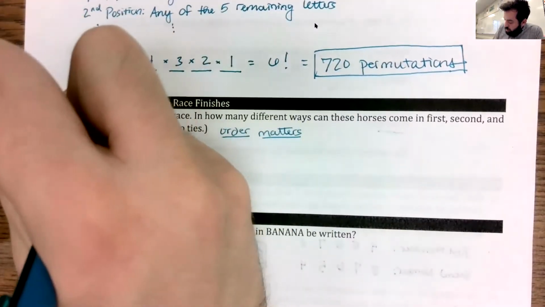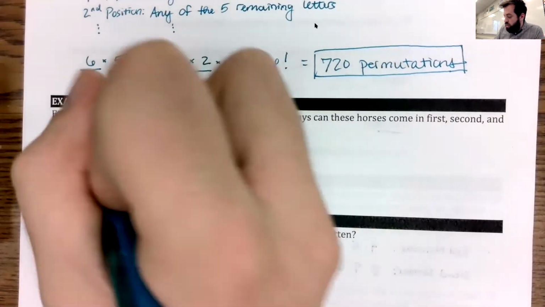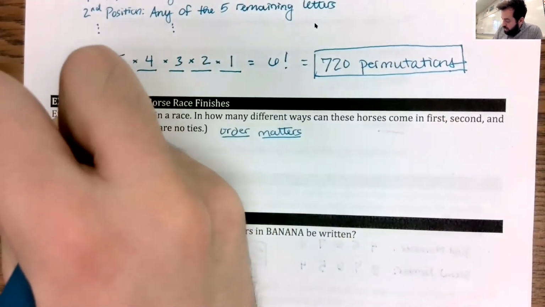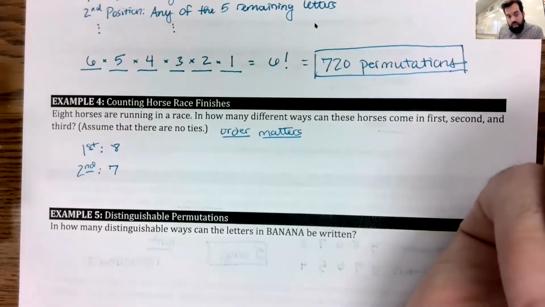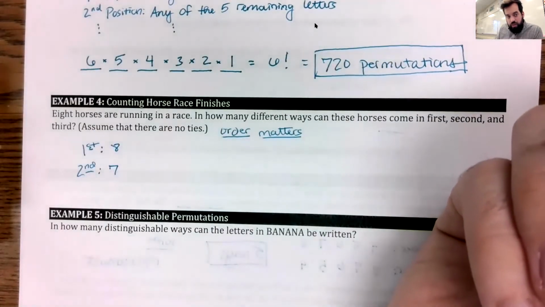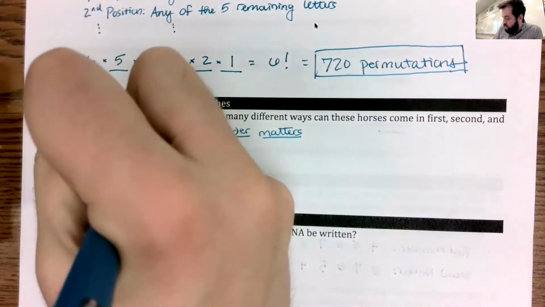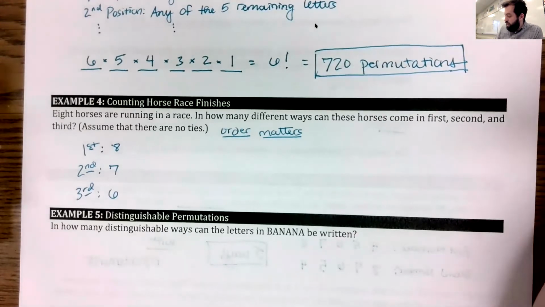If we look at the first position, there are 8 different horses, so there's 8 options for horses that could come in first. If we look at the second position, there are going to be 7 horses left that could come in second after the first horse finished. And if we look at third place, there are 6 horses left after the first 2 horses finished.